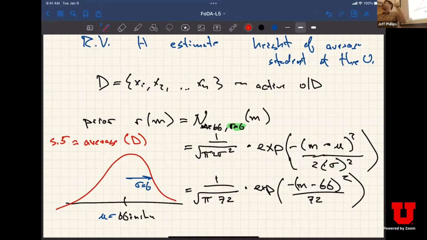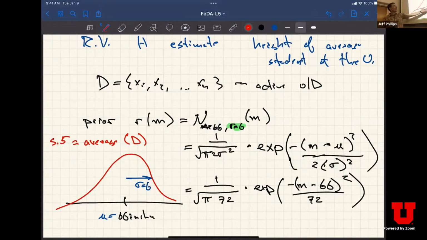I'm not going to do any actual calculations yet. But remember, the right thing to do if I didn't include the prior, taking a bunch of data and calculating the most likely estimator, was to take all the data points in D and take their average. And let's say I got a value of 5.5.